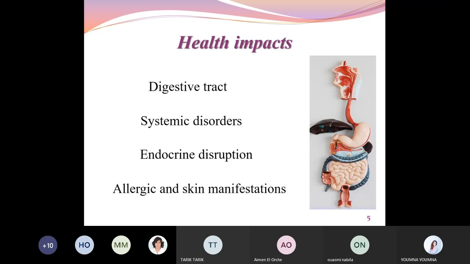However, in the event of an overdose or drug interactions, ibuprofen and paracetamol pose serious problems for human health, in particular digestive tract, systemic disorders, endocrine disruption, allergic and skin manifestations.